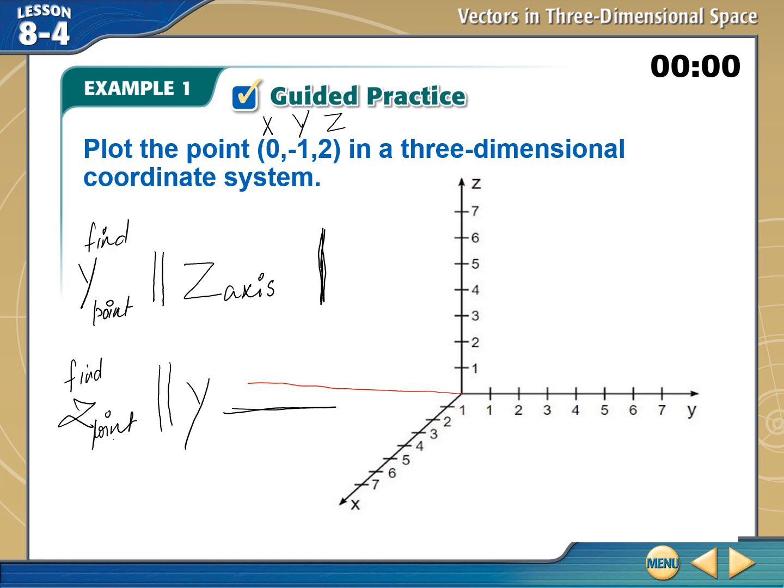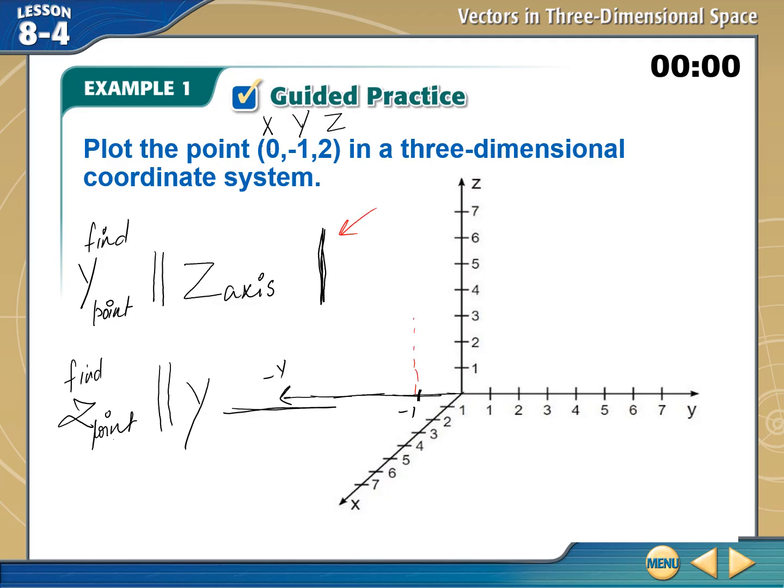Just 1 second. I am extending my negative y over here to make sure that we make it correctly. Here you have negative y. So -1 is somewhere here, right? -1. Now with the red point, I will make a point and I will make a straight vertical line as I show you here.